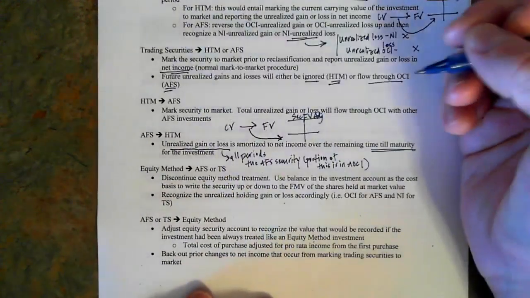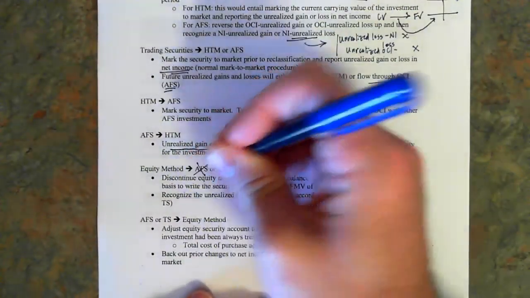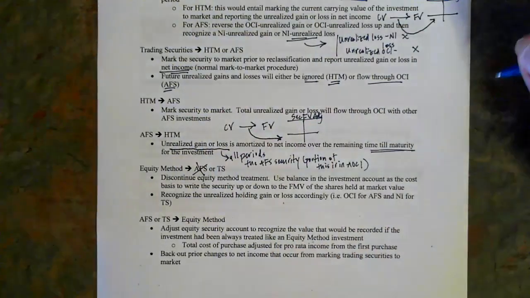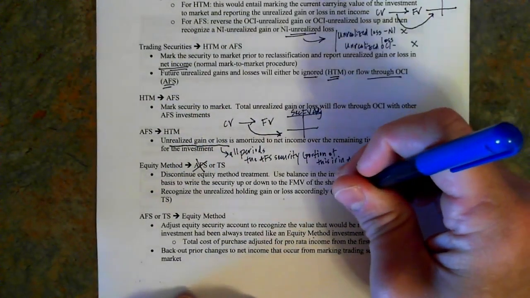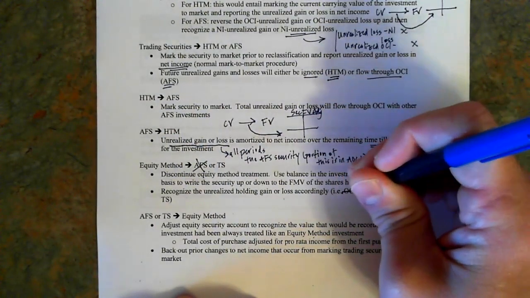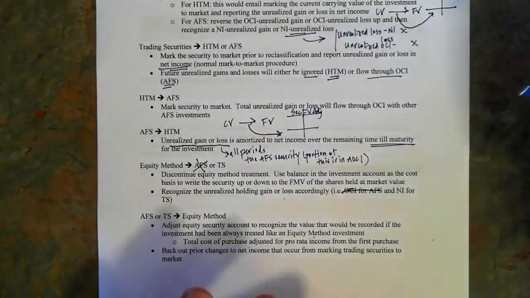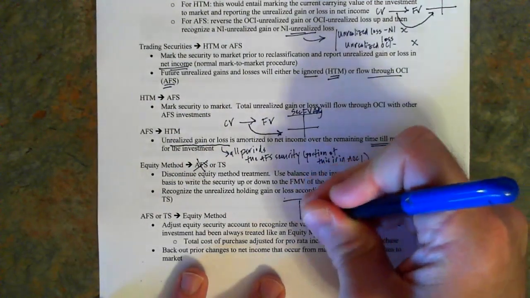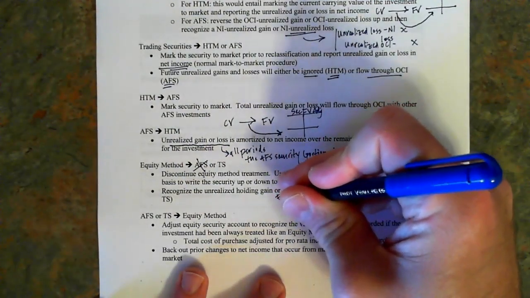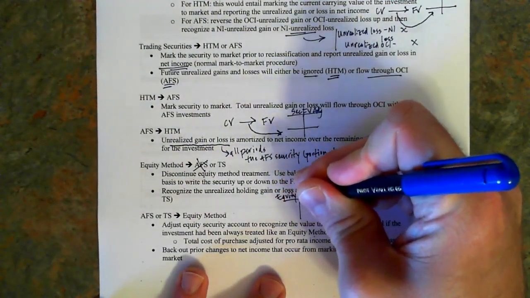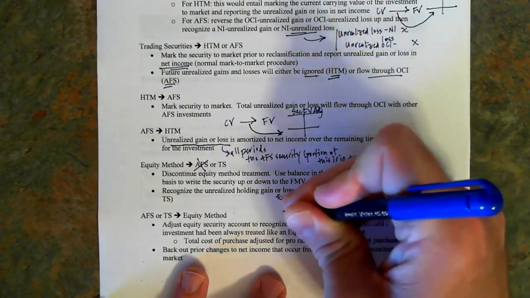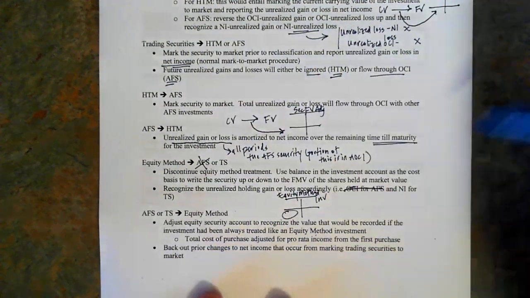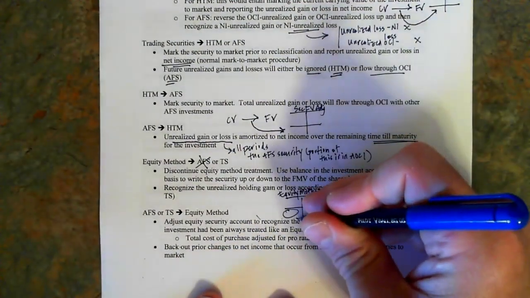And a slight update, of course, because we can no longer use that. I forgot to update that. That's no longer an allowed treatment. So the OCI for AFS doesn't work anymore either. But whatever the balance in my equity method investment account is, we take that and then we mark it to market.